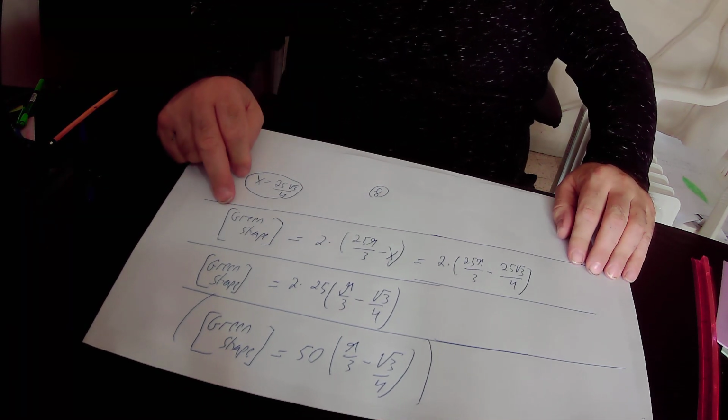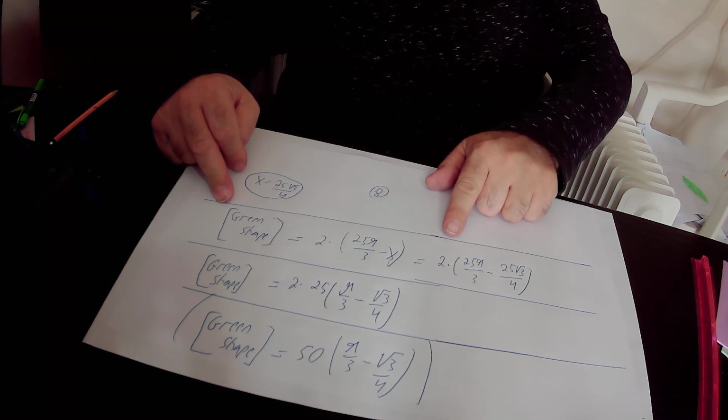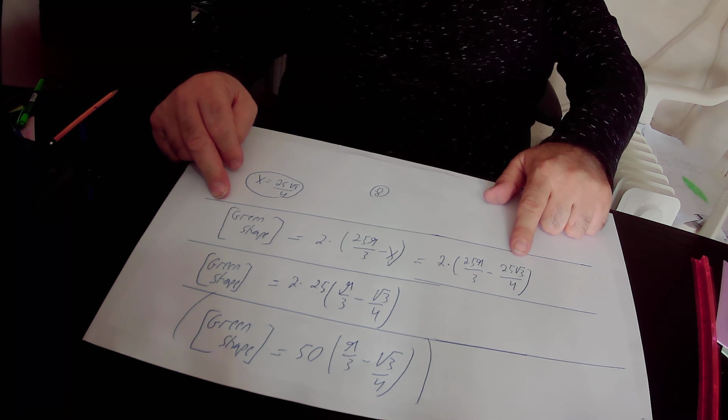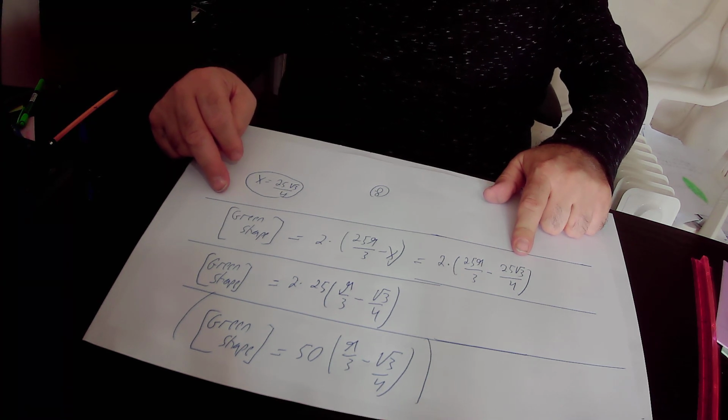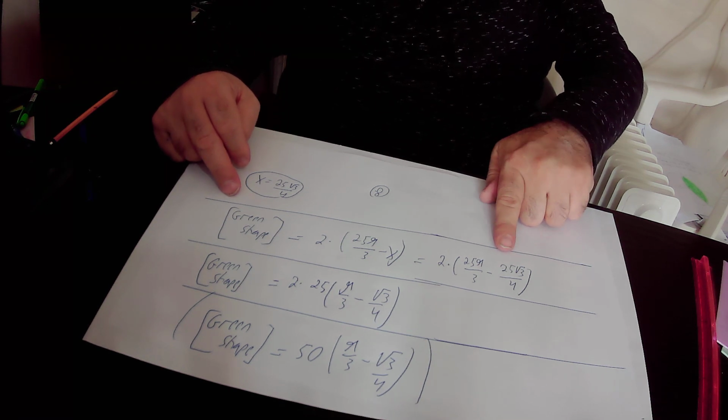So the area of the green shape equals 2 times 25 pi over 3 minus x, and x equals 25 times square root of 3 over 4. So the area of the green shape equals this expression.